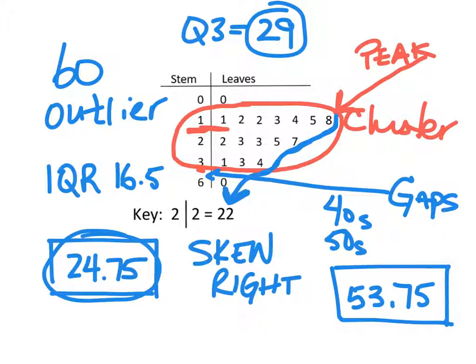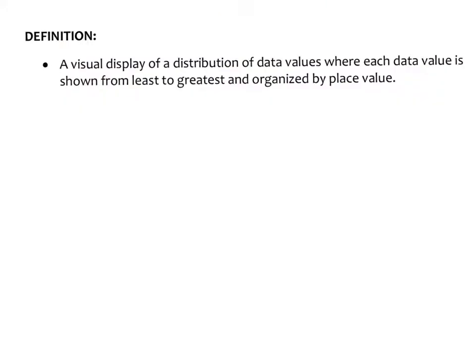If I add 1.5 times the interquartile range to my Q3, this value, 53.75, represents the furthest I can go before a value becomes an outlier. So any value greater than 53.75 is in fact an outlier, and 60 is greater than 53.75, therefore 60 is an outlier.